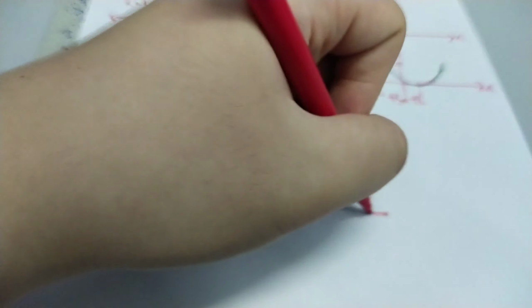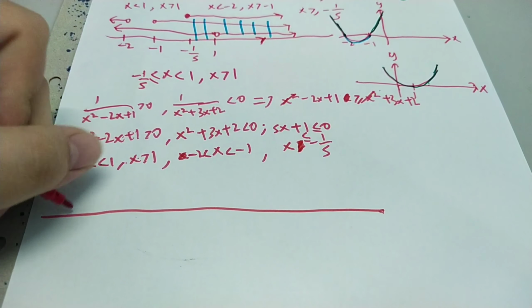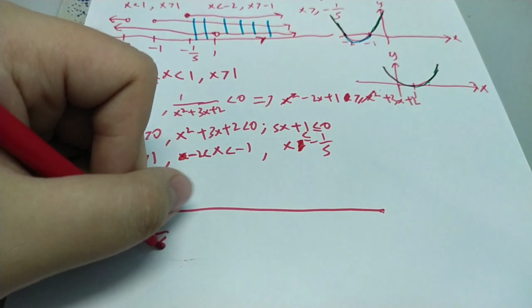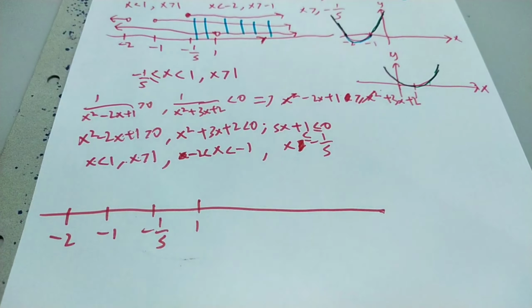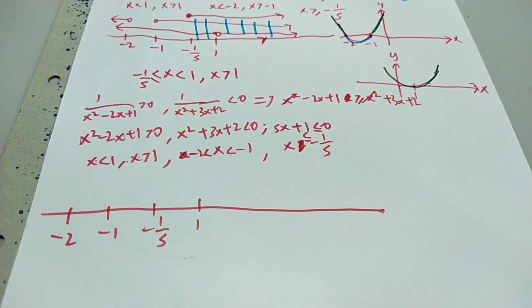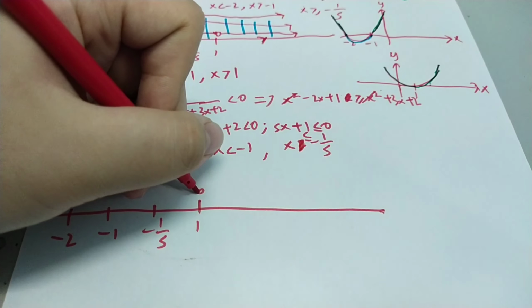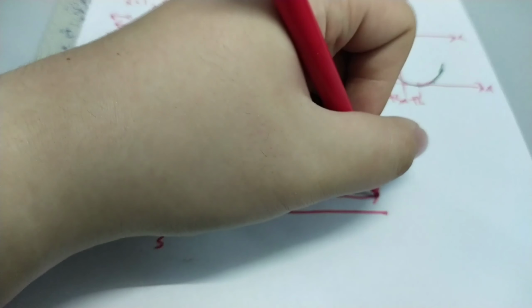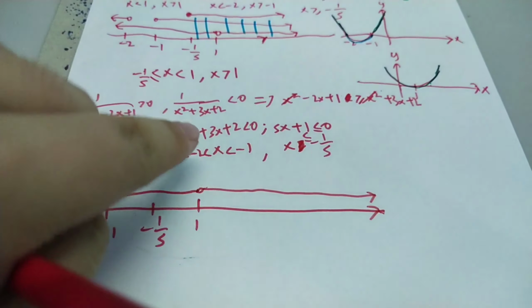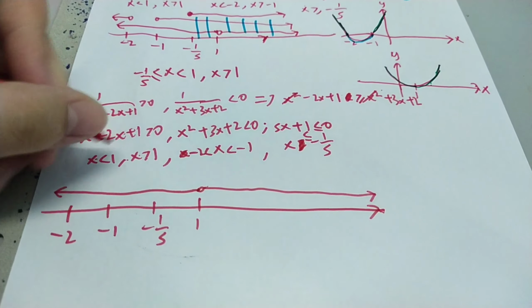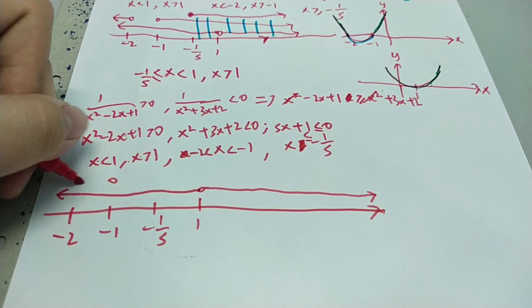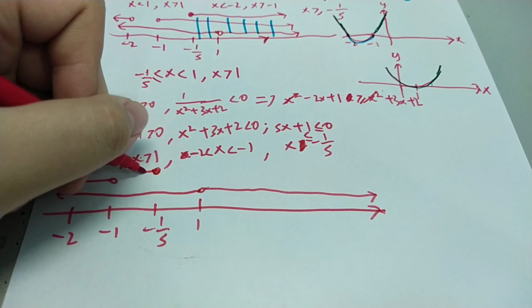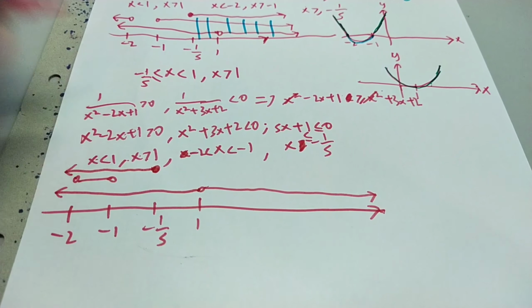So we are going to plot the number line. Negative 2, negative 1, negative 1 over 5, and 1. X must be less than 1 or bigger than 1. X must be in between negative 2 and 1. X must be less than or equal to negative 1 over 5.